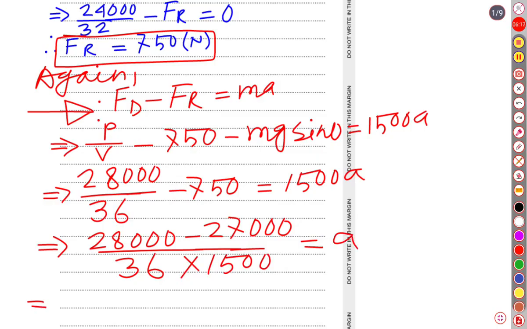Or A is going to be, if we drop the two zeros from every quantity, 280 minus 270, which means 10. So 10 over 36 into 15. If we multiply 36 by 15, it is going to be 540.